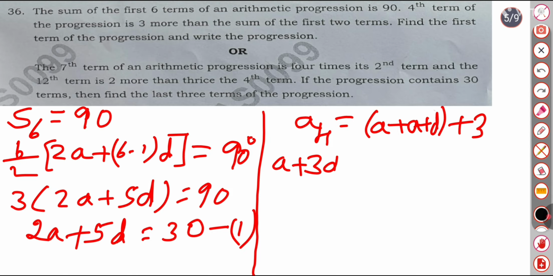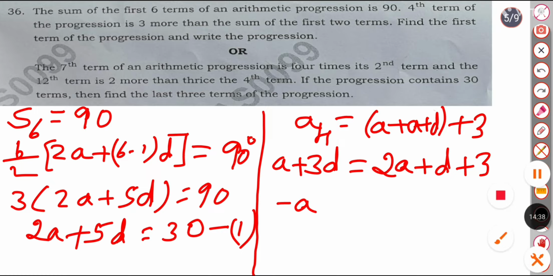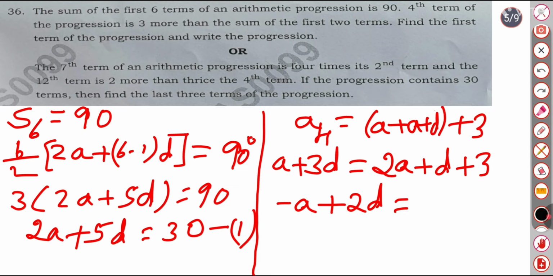A plus 3D is equal to 2A plus D plus 3. Everything if you bring to LHS, what happens? A minus 2A is minus A, plus 3D minus D, which is plus 2D, is equal to 3. This is equation number 2.